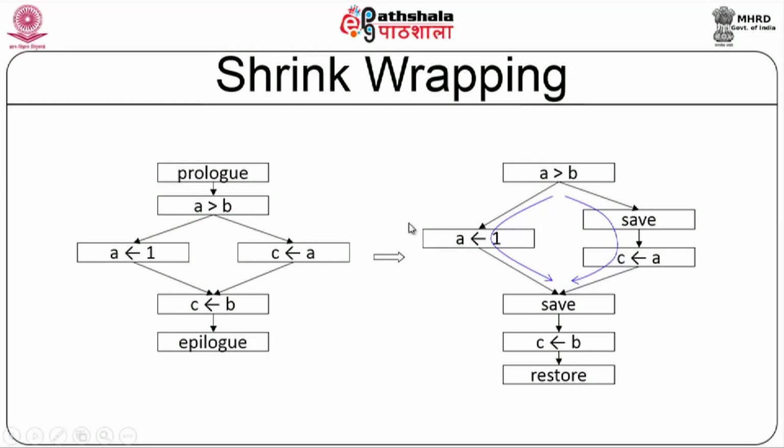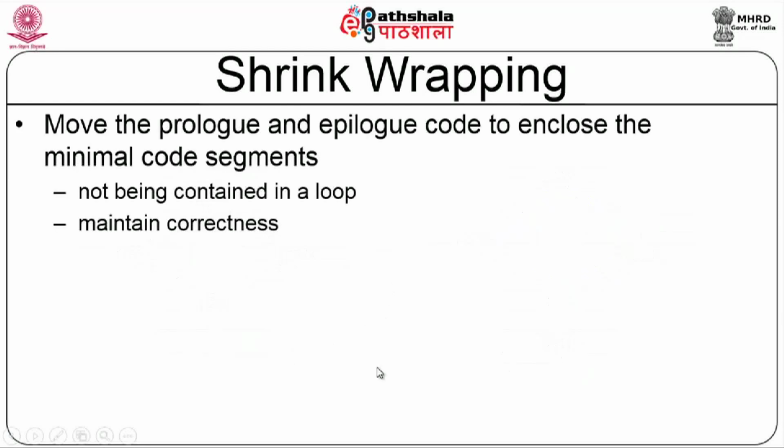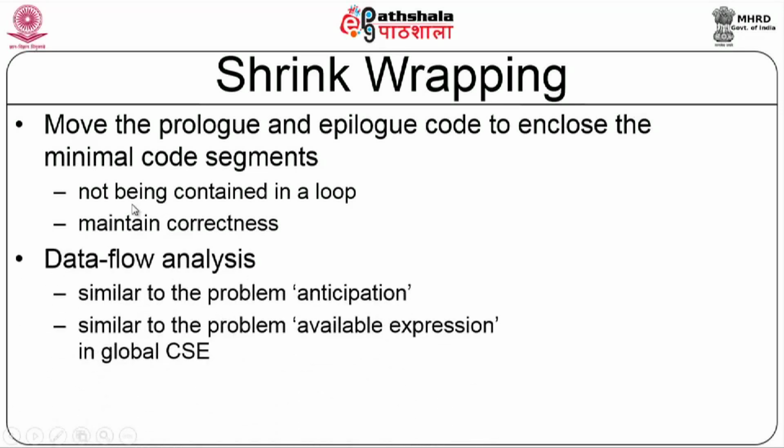This is also possible with respect to the graph. Move the prologue and epilogue code to enclose minimal code segments, so that it is not contained in a loop, and you have to maintain correctness. You should not change things arbitrarily; that is very essential. This requires data flow analysis of the control flow graph.